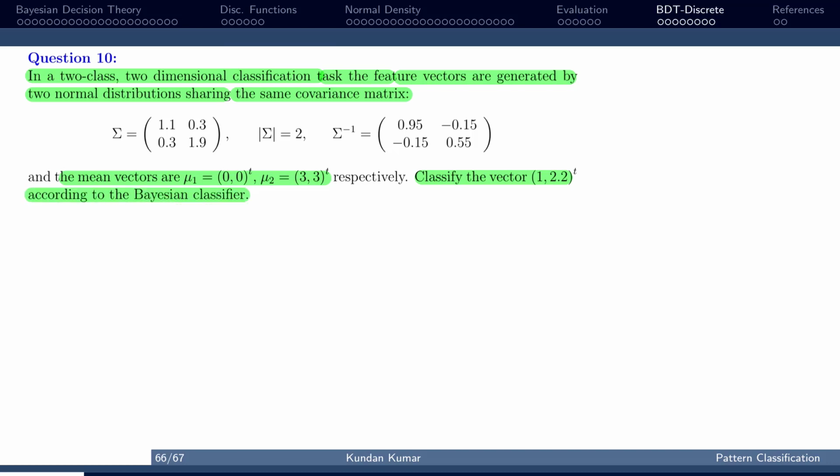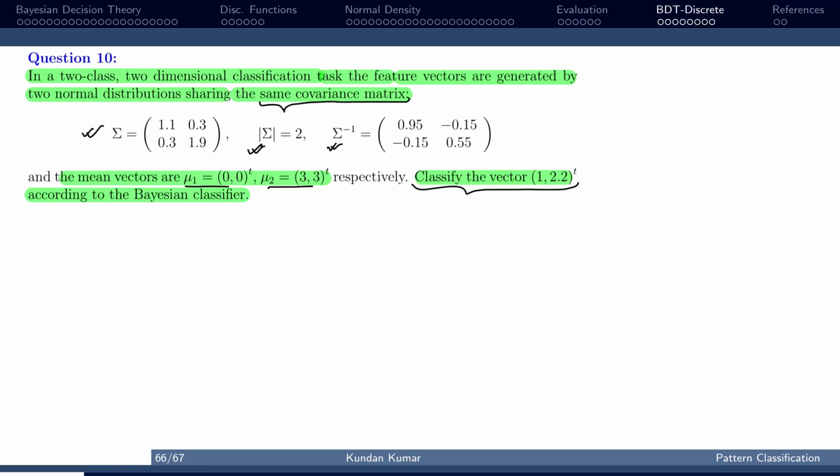So in this problem, these two classes share the same covariance matrix, which is given by this equation. Here we have given the determinant and the inverse as well, and the mean of each class distribution is given, and we have to find which class this feature vector belongs to according to the Bayesian classifier.